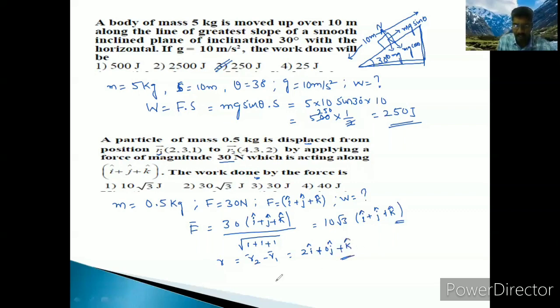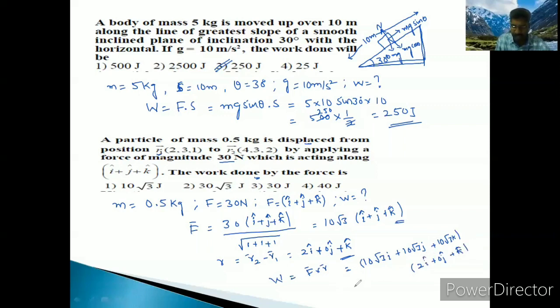This is r. So work done is equal to what is the formula? F dot r. F is 10 root 3 i plus 10 root 3 j plus 10 root 3 k, dot 2 i plus 0 j cap plus k cap.